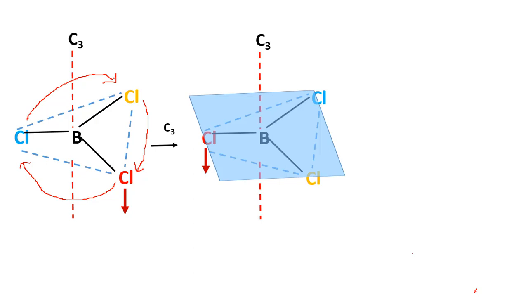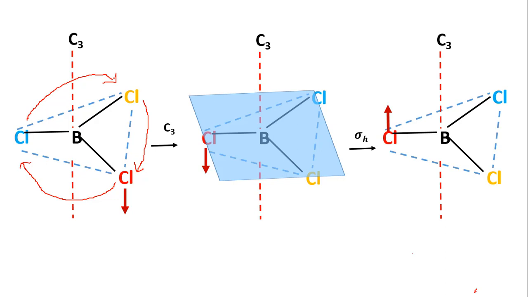Arrow still pointing downwards. When you do the reflection about sigma h perpendicular to C3 axis, the downward arrow will become upwards. All the atoms that are remaining in the plane itself will not get shifted, and this is what you will get. And this is S3 power 6.